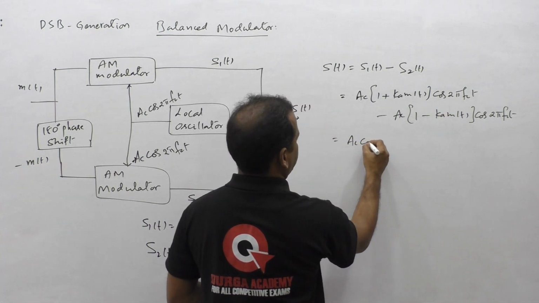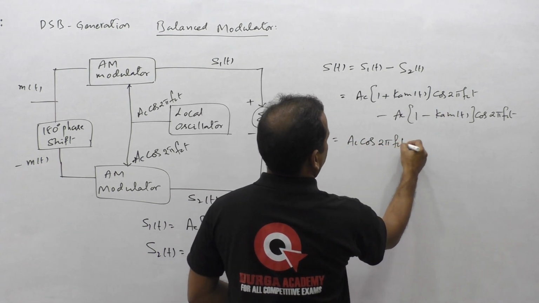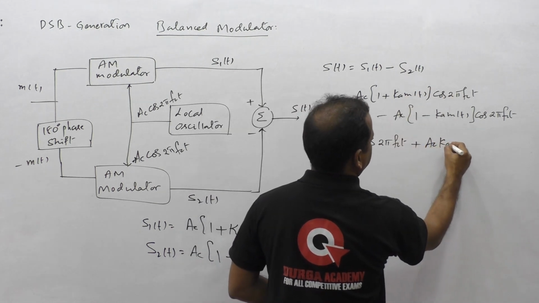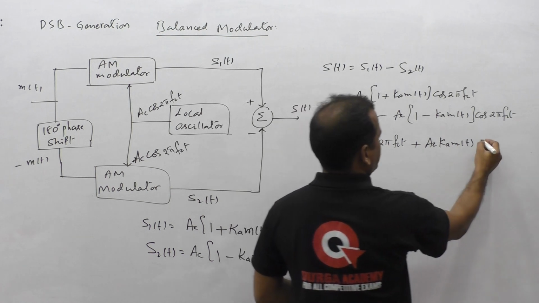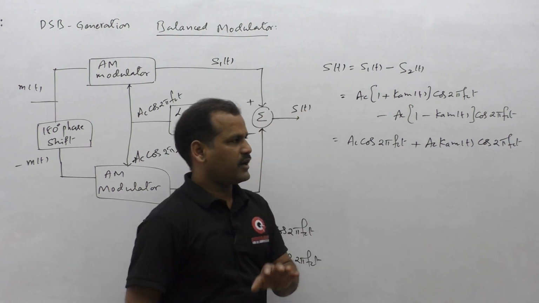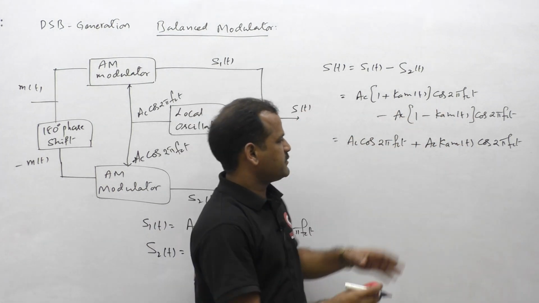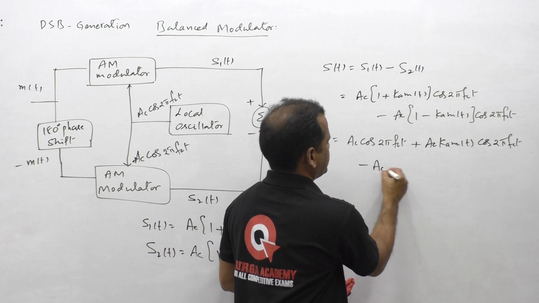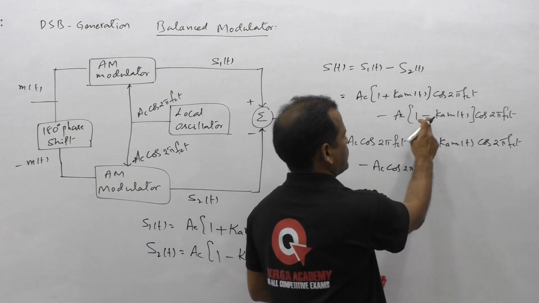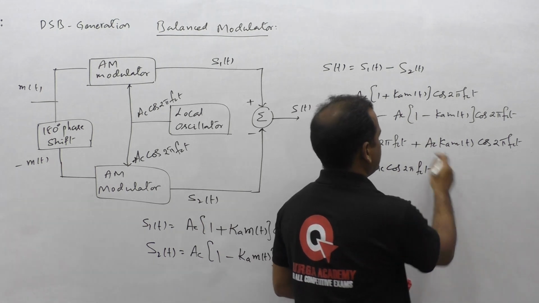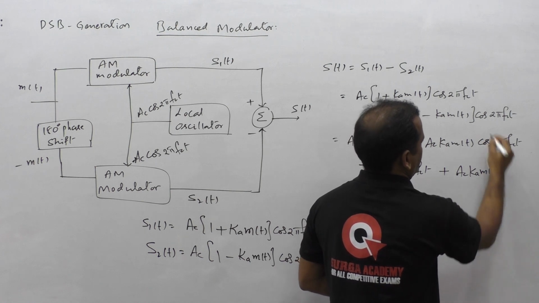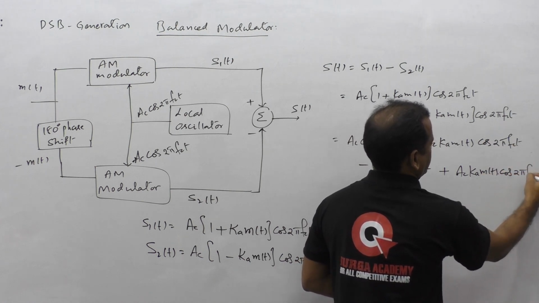First term we are getting AC cos 2 pi FCT. Second, after multiplying this one, we are getting AC Ka m of t multiplied by cos 2 pi FCT. Similarly, we have minus of this total expression. So first term is minus of AC cos 2 pi FCT. Second term, if you observe, this is minus minus plus, and then AC Ka m of t multiplied by cos 2 pi FCT.